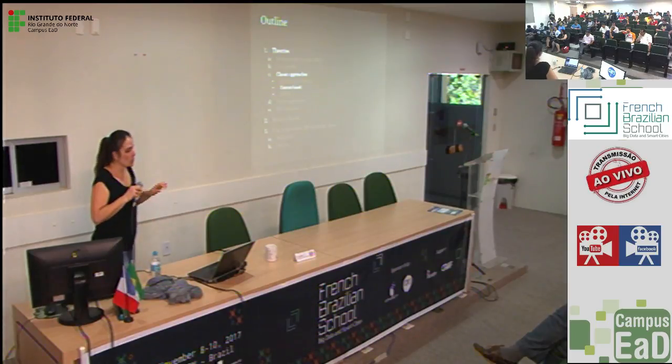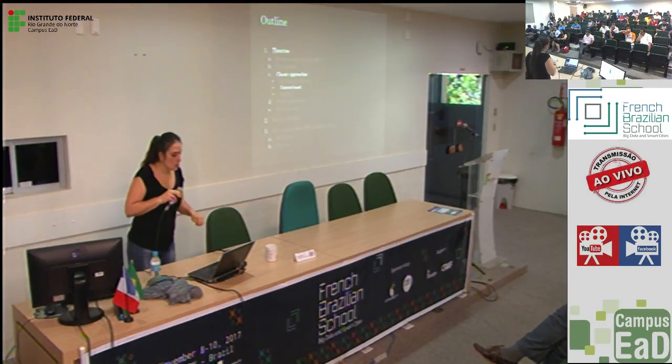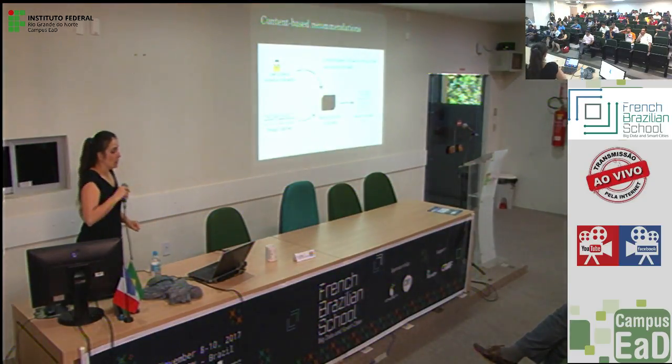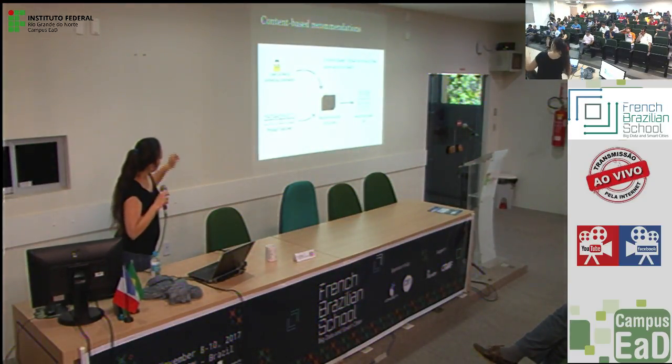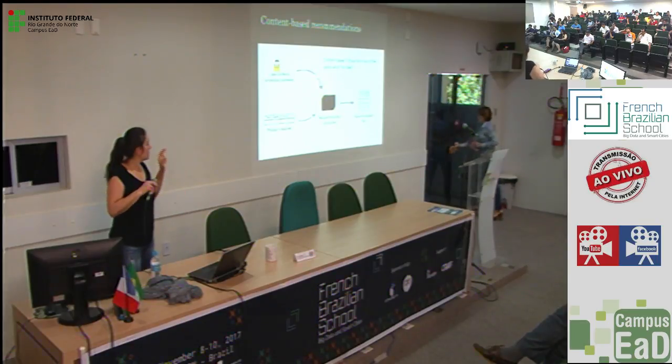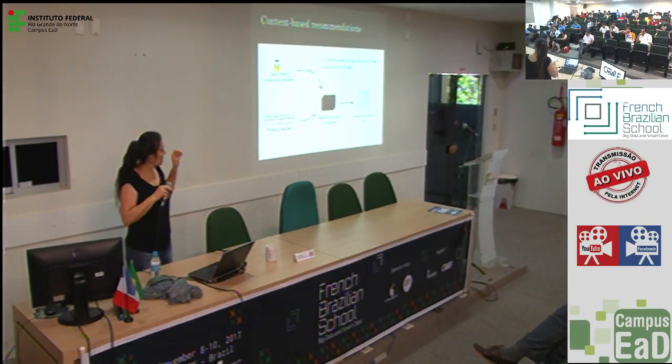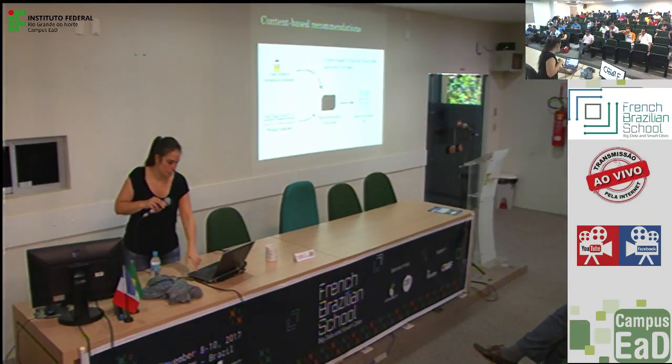The second approach in a recommender system is the content-based approach. Remember, we have the user profile, the contextual parameters, and the product features, and we try to find some recommendation.